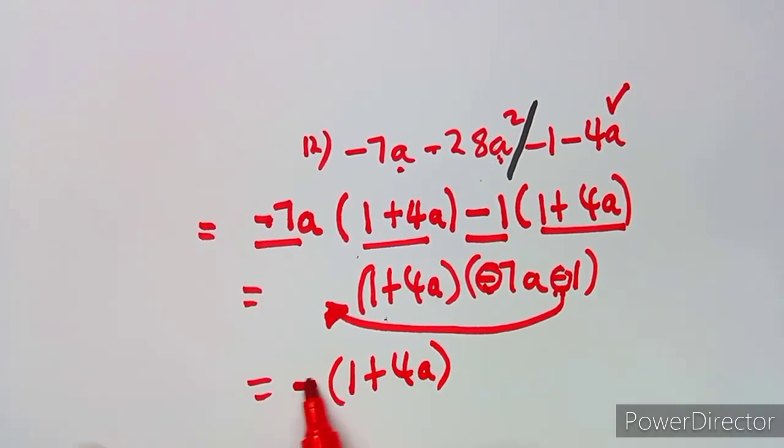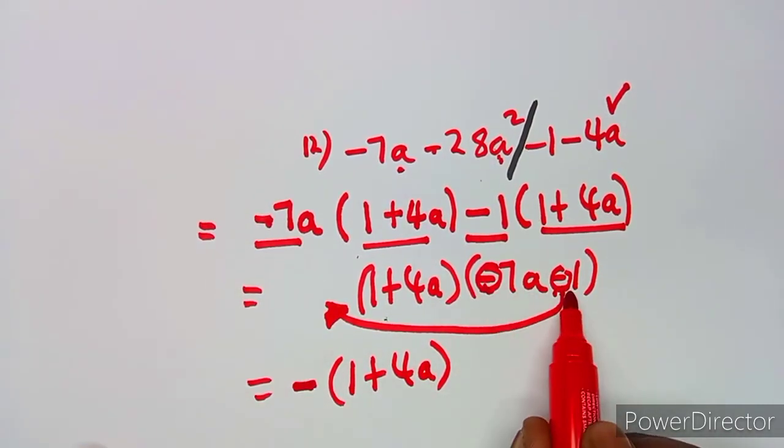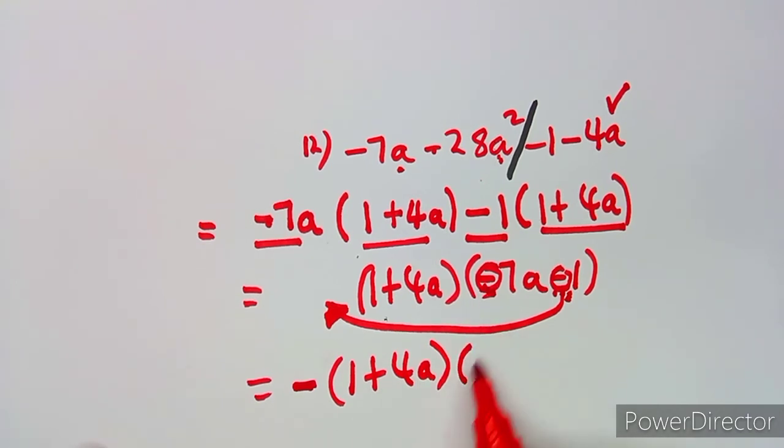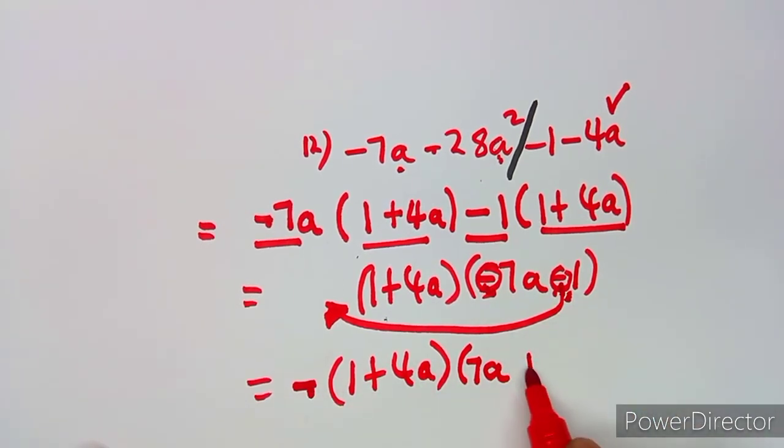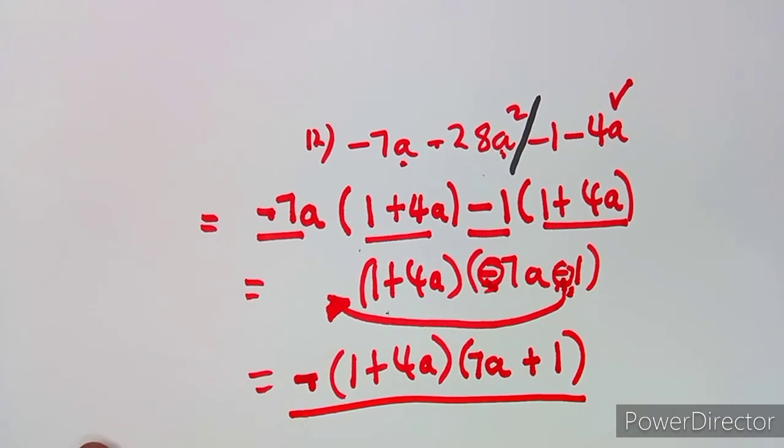But I factored out this negative on this bracket, so this is going to be negative divided by negative, which is a positive 7a. -1 divided by negative, which is a plus 1. So this can be my final answer at the end. So it can be 1 plus 7a, it can be 7a plus 1. It's one and the same thing.